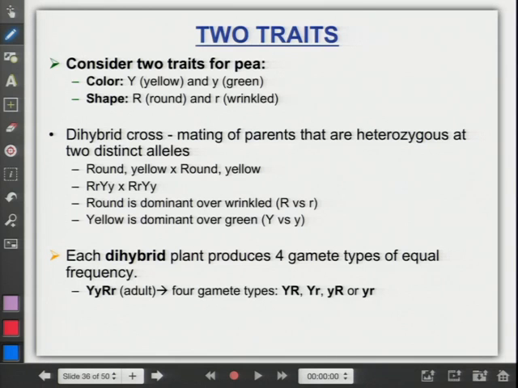So I'll go through these and then we'll do at least a couple of examples. How do you know if I'm talking about two traits or one trait? I'm telling you the phenotype about two different things. Tall and short is one phenotype: two alleles, two types of the same gene, height.